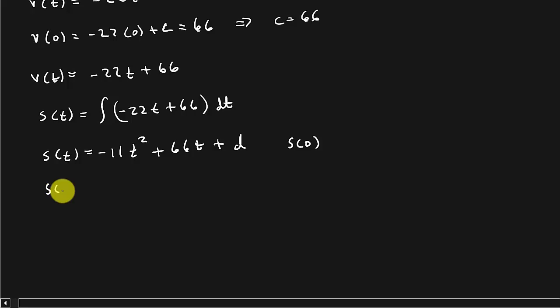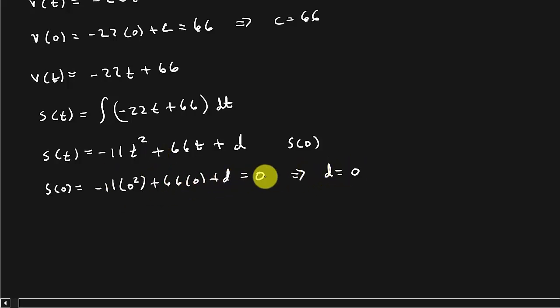So that's going to give me S of 0 is negative 11 times 0 squared plus 66 times 0 plus d, and that should equal 0. And so this tells us that d is equal to 0.